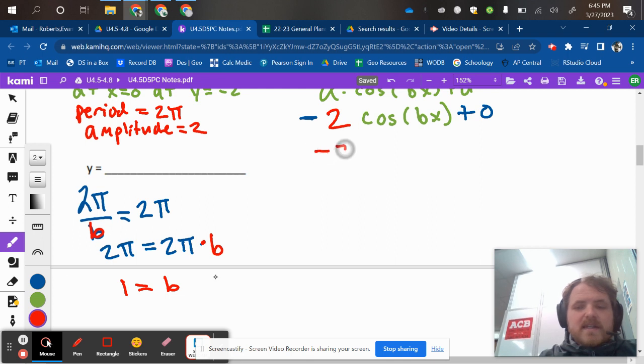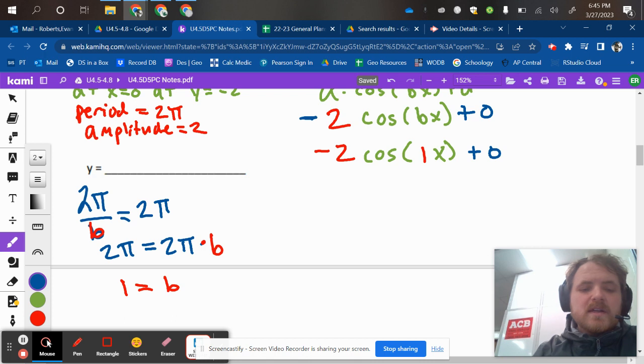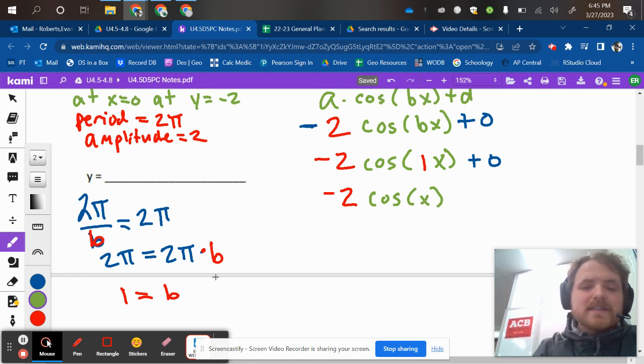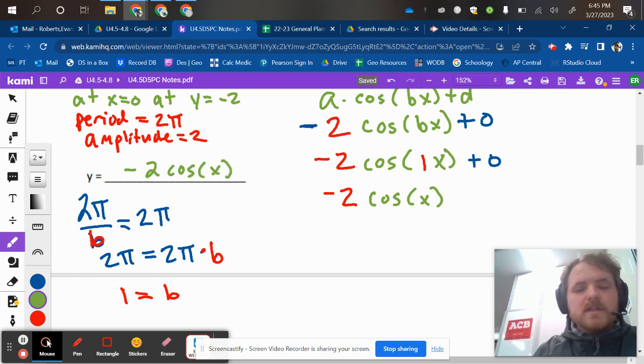So we've got this -2 cosine of 1x plus 0. And then if we're going to clean that up a little bit, we need our -2. We do not need the 1 out in front of the x, and we do not need the 0. So my final answer should be -2 cosine of x. Hope that helps.